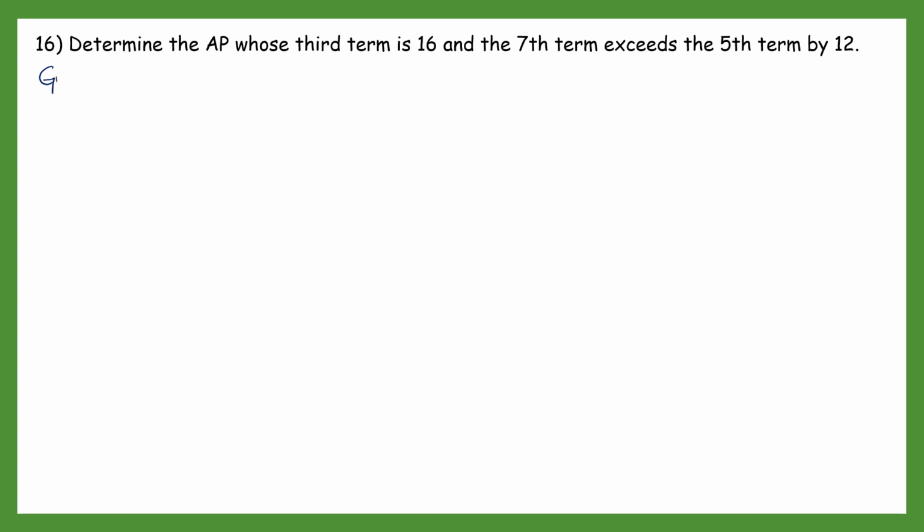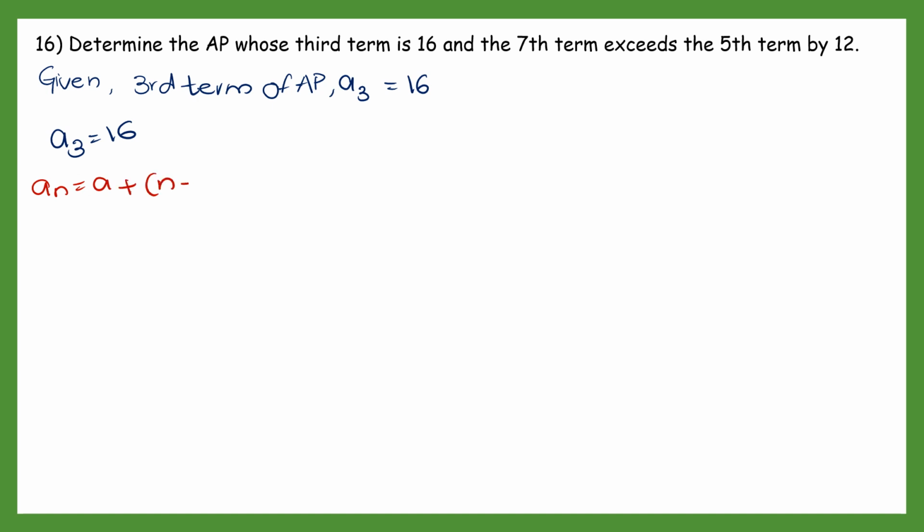They have given the third term of the arithmetic progression, that is a3 is equal to 16. What do we know? The formula of the nth term: an is equal to a plus n minus 1 into d.